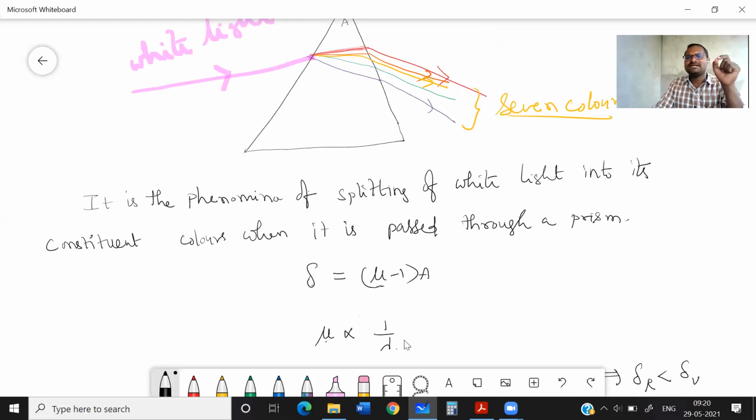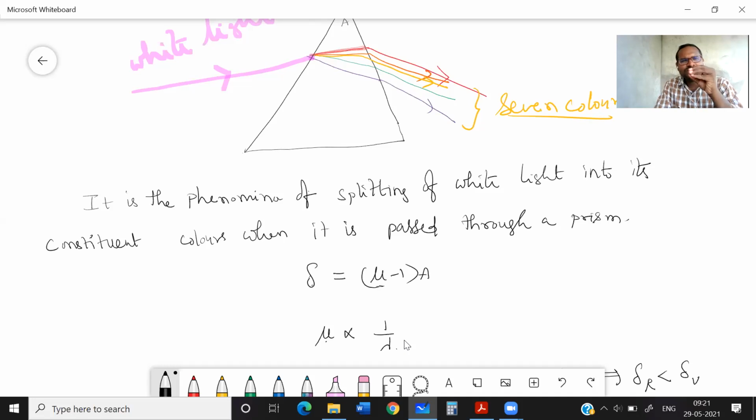So just write what is dispersion if they ask for a 1 mark or 2 mark question: when white light passes through a prism, it splits into its constituent colors. This phenomenon is called dispersion. The reason is that the color of light depends upon the wavelength, and wavelength is inversely proportional to refractive index.